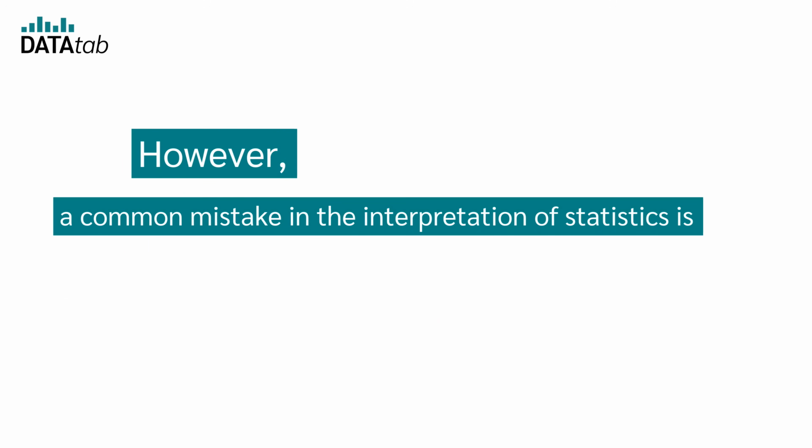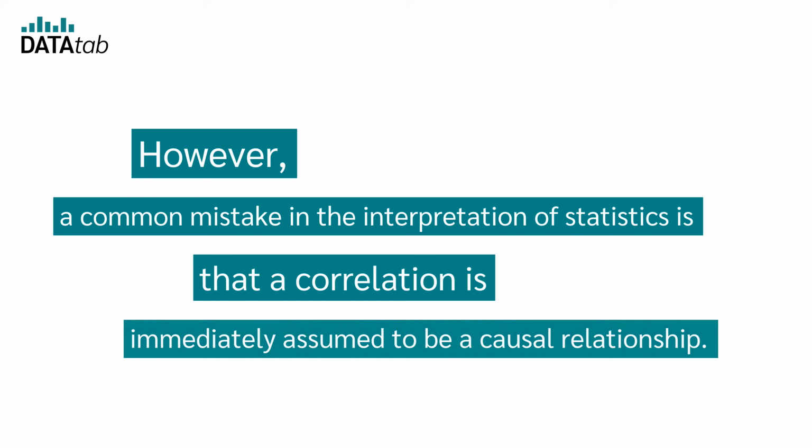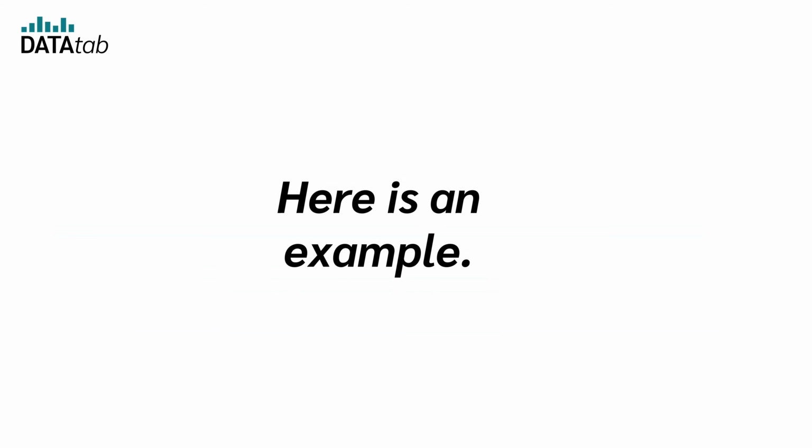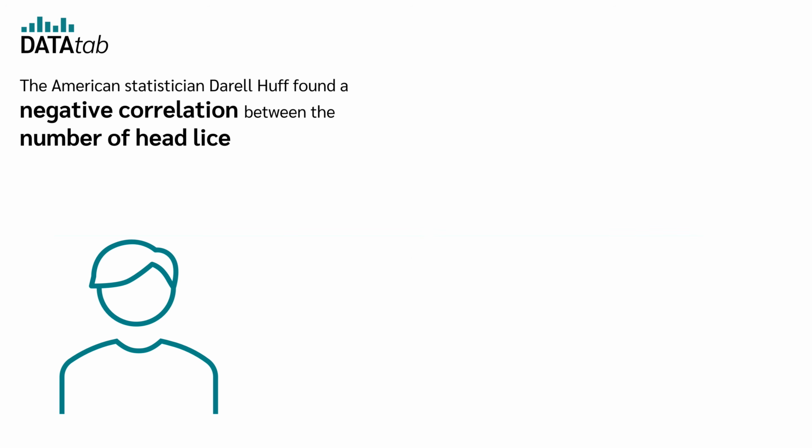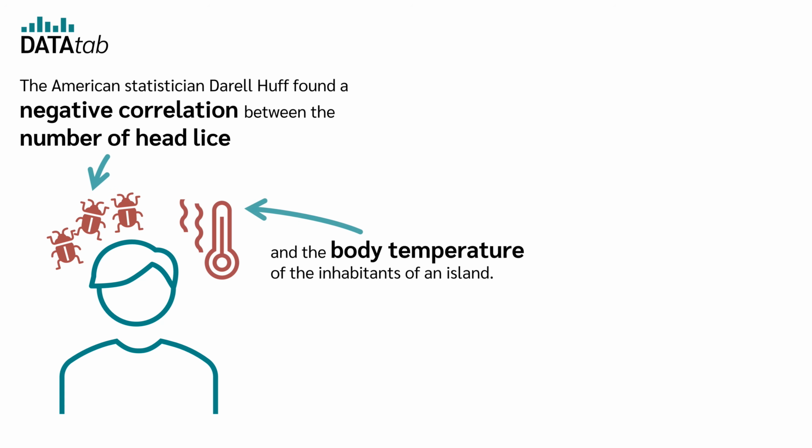However, a common mistake in the interpretation of statistics is that a correlation is immediately assumed to be a causal relationship. Here is an example. The American statistician Darrell Huff found a negative correlation between the number of head lice and the body temperature of the inhabitants of an island.